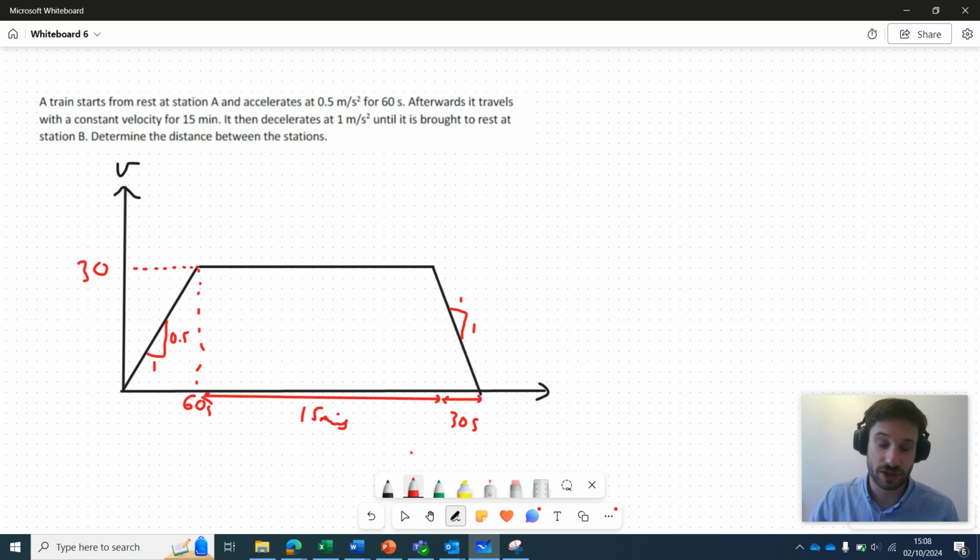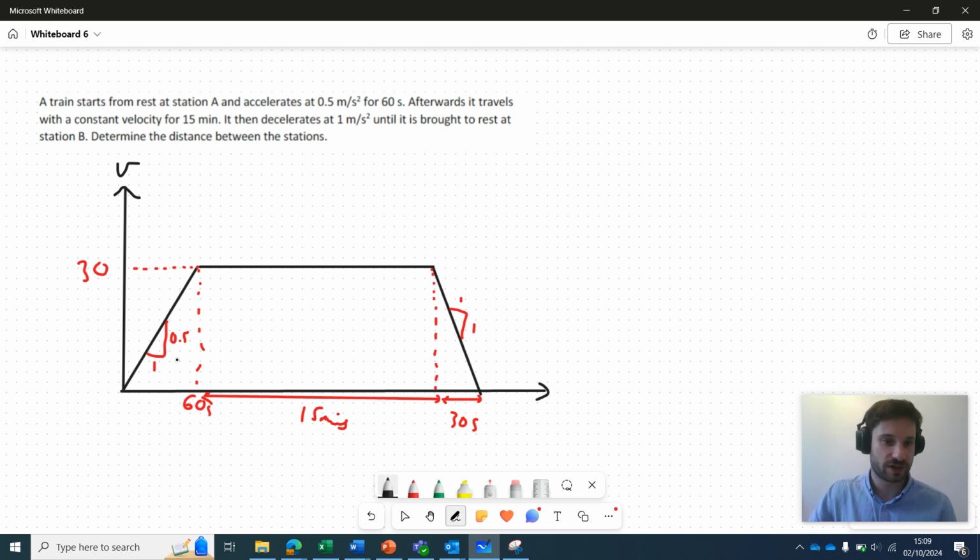If you didn't know already, if you want to determine the distance traveled from a velocity time graph, it's a simple case of taking the area under the curve. So in this instance, we have kind of three shapes to determine the area for. We've got this right angled triangle at the start here, this rectangle effectively in the middle, and this also right angled triangle on the right here.